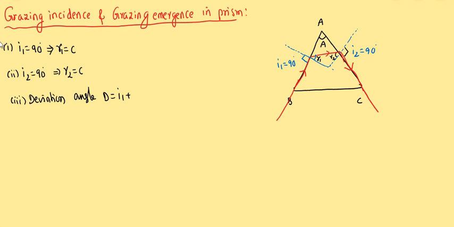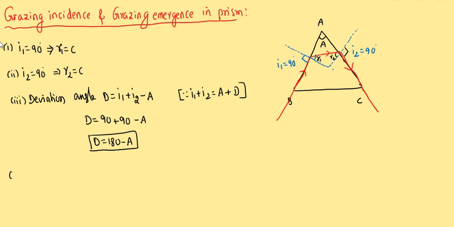The formula we know is I1 plus I2 minus A. We know that equation, I1 plus I2 is equal to A plus D. From this deviation angle formula we will get, but I1 is 90 degrees, I2 is also 90 degrees, and A. Then the deviation angle we will get is 180 minus A. But we know one more formula, R1 plus R2 is equal to A. From this, R1 we write as C and R2 we write as C. Then we will get 2C is equal to A. From this, the critical angle is equal to the angle of prism by 2, C is equal to A by 2.